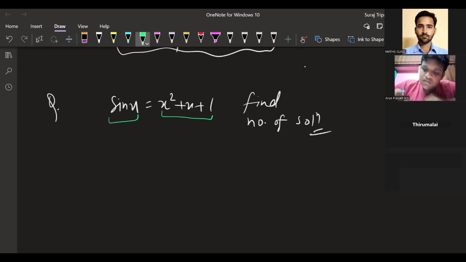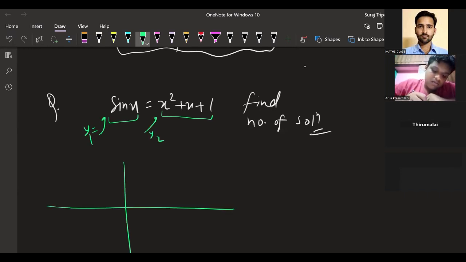What is the intersection of the graph? So we take this one as y1 and this one as y2. Let's draw each graph here.